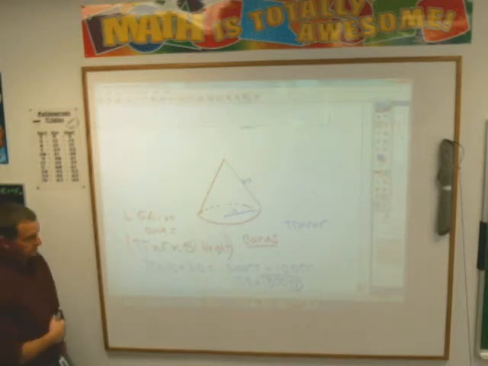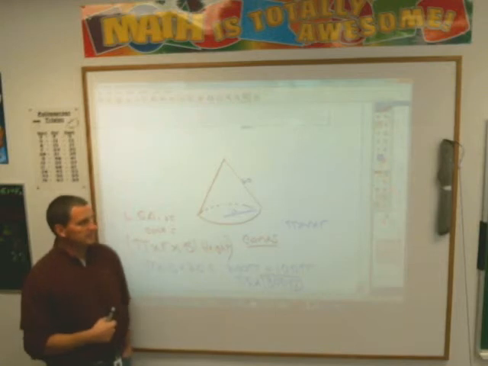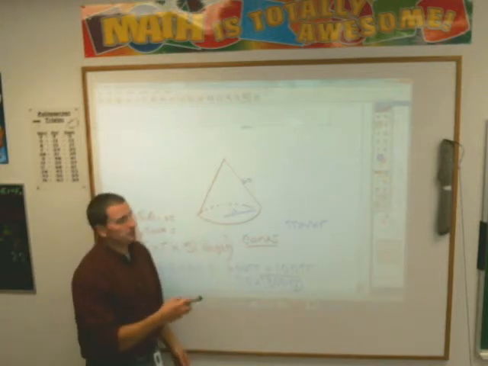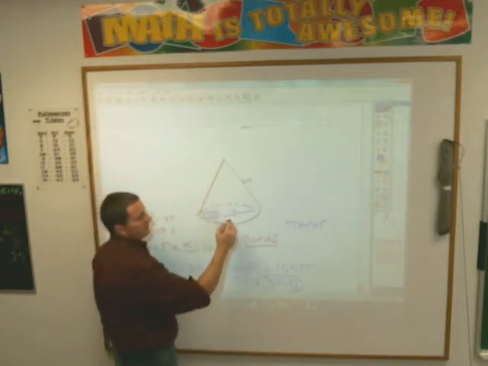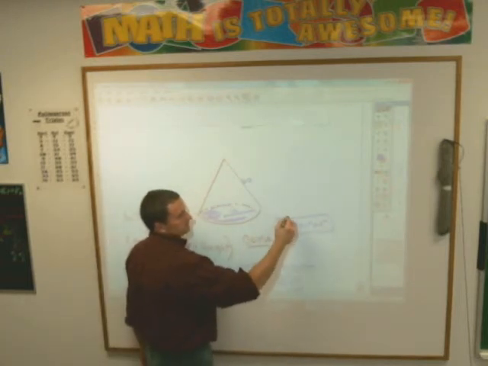Yes, Taylor. Where did you get pi times radius times radius? I said if I was trying to find the total surface area, I then would have to have the area of this circle down here. This is the formula for the area of the circle.